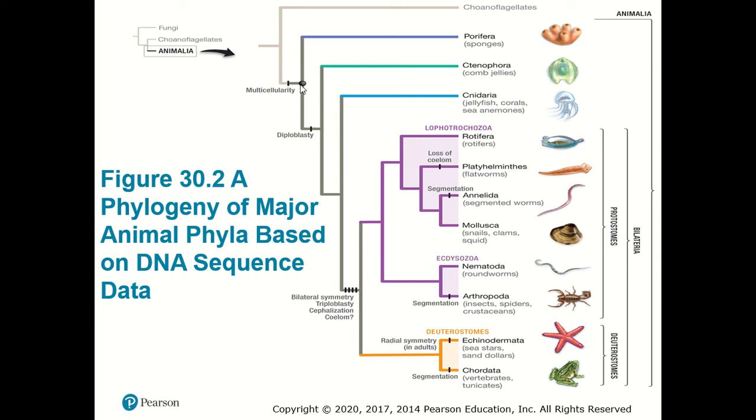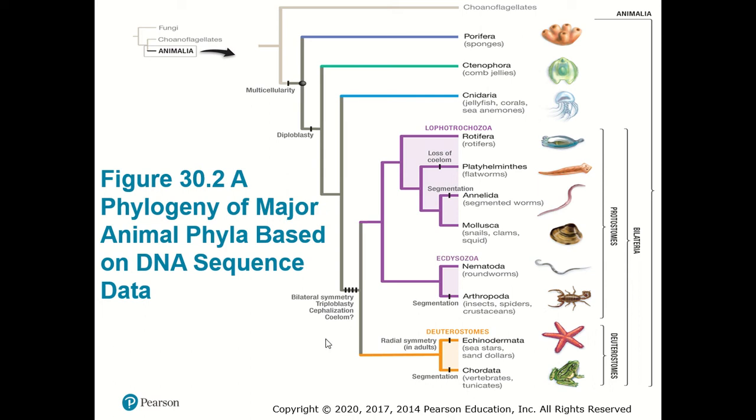Here's a common ancestor which gave rise to Porifera and everything else within the animals. The development of diploblasty allowed some of these animals to develop embryologically from two germ layers, the ectoderm and the endoderm. I'll go over more details later.